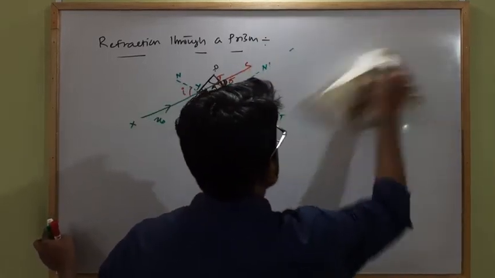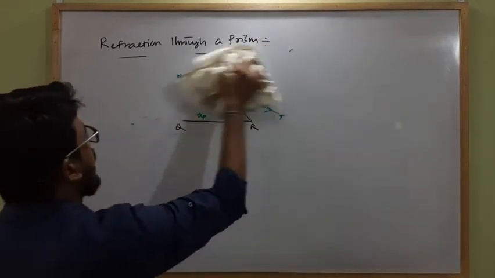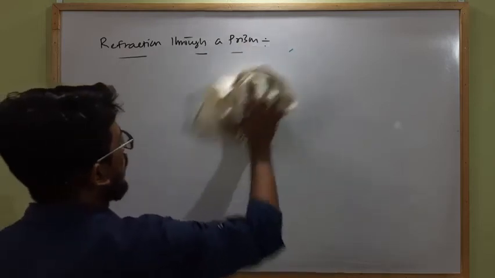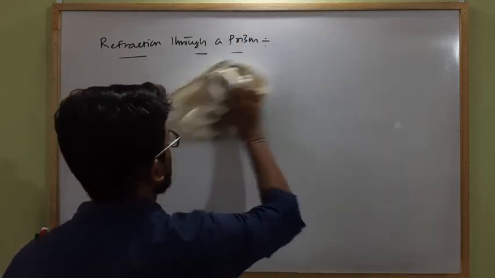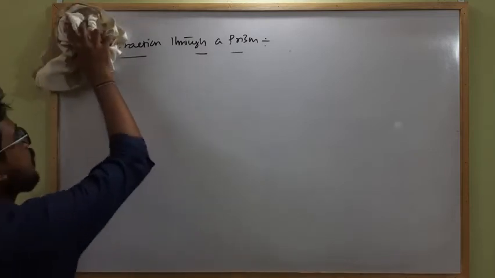So this is all about prism: how deviation takes place, what is the maximum deviation, minimum deviation, how to find out the refractive index of the prism, what are the conditions for no emergence and what are the conditions for no total internal reflection. So next we are going to discuss dispersion.